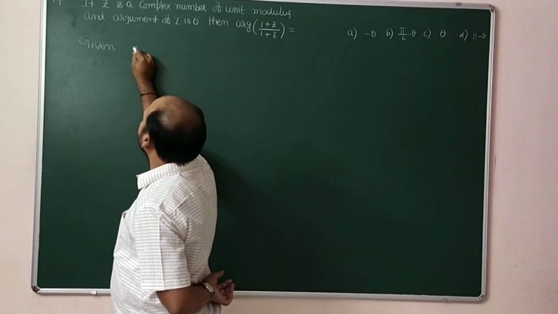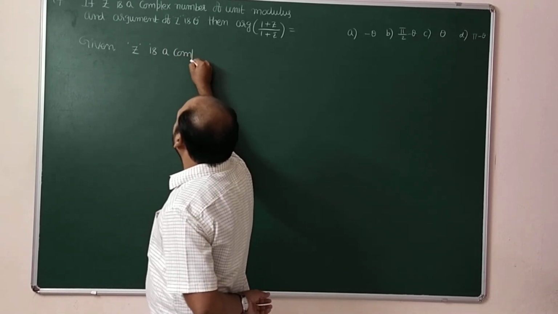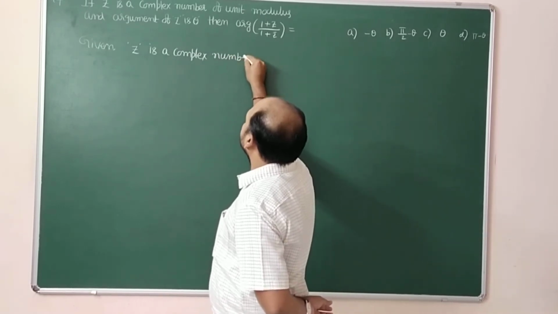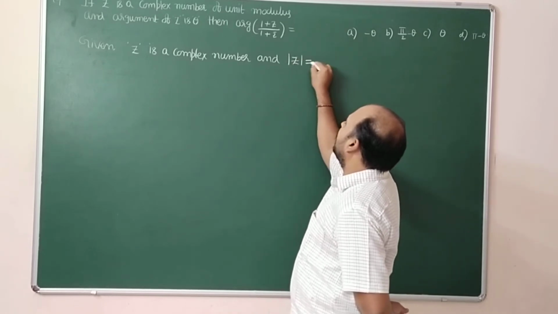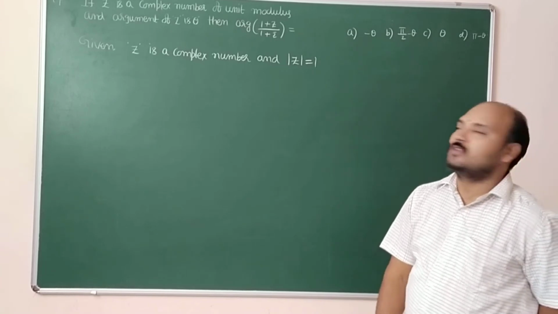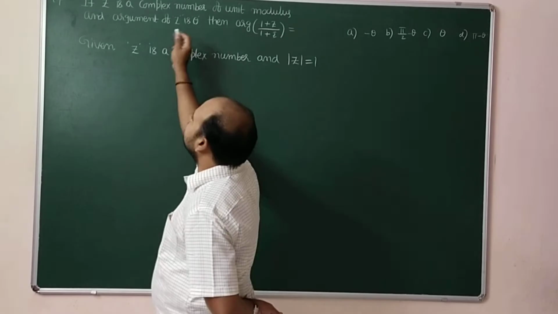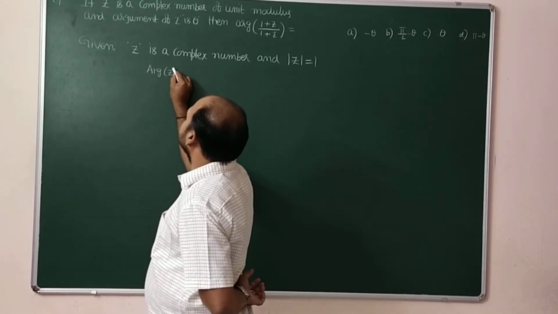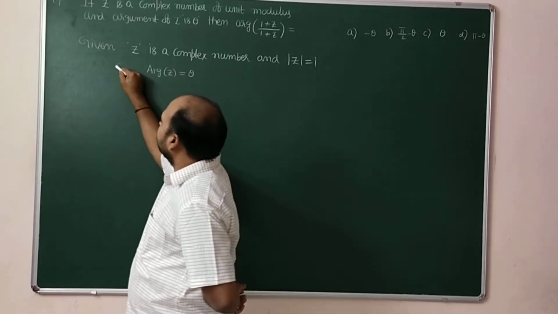So given z is a complex number, and given that mod z is equal to 1, unit modulus, so mod z is equal to 1 and argument of z is equal to theta.